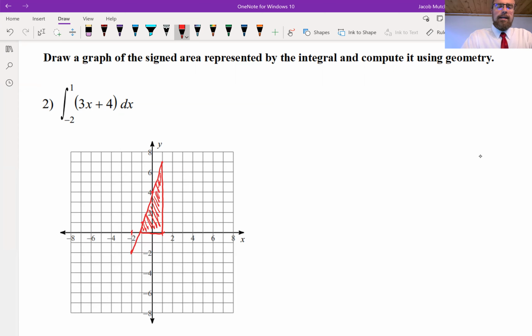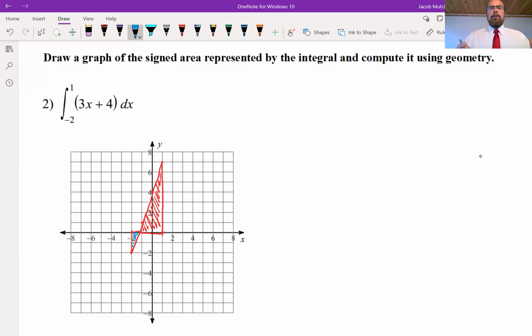However, on this left side, what's under the x-axis we would consider to be negative area. And so when we calculate the integral, it won't be adding those two regions together, but subtracting. I want to take the positive part that's indicated in the red and subtract from it the area that's indicated in the blue.